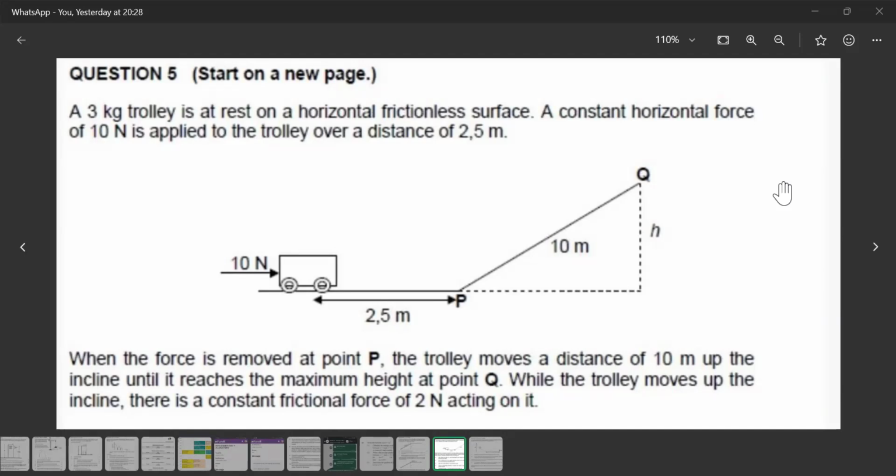They told us that the trolley moves upwards and it covers a distance of 10 meters on the inclined plane. So we know the magnitude of the force. We also know the magnitude of the displacement. We can definitely use the formula for the work done by the non-conservative force and find this height.